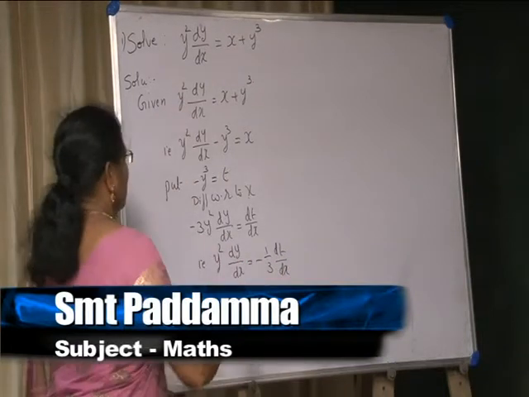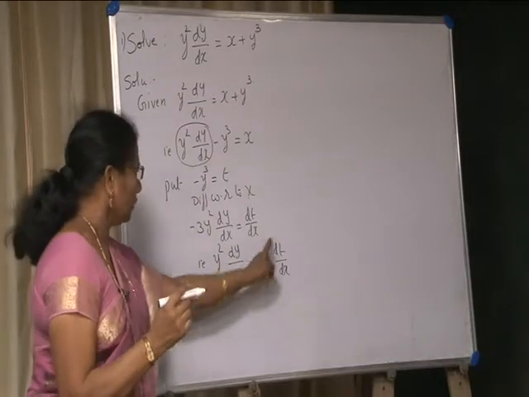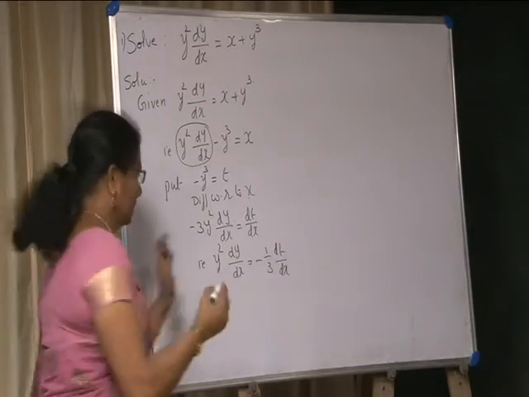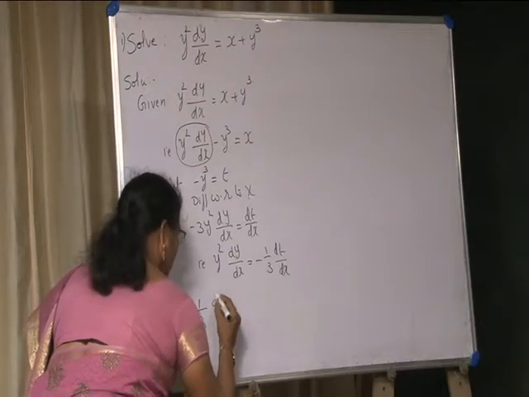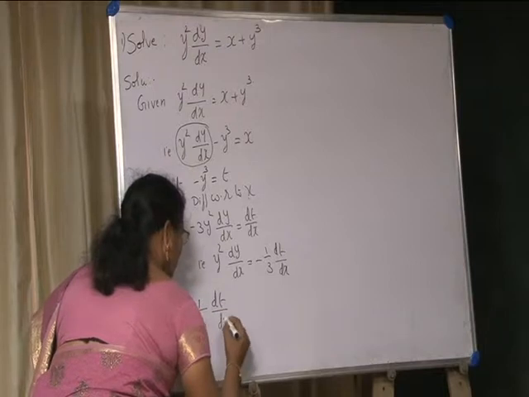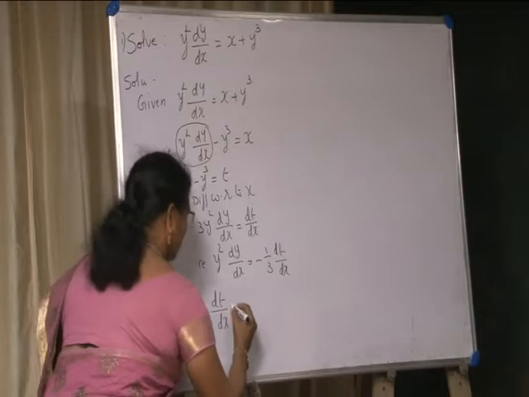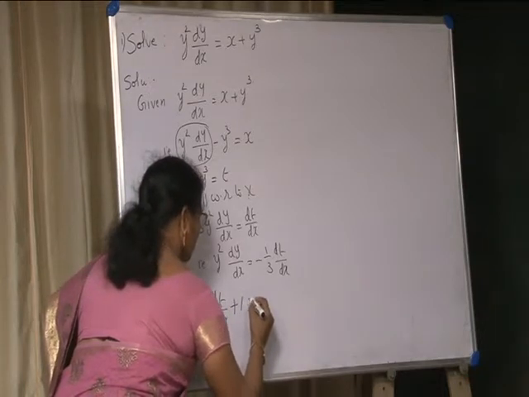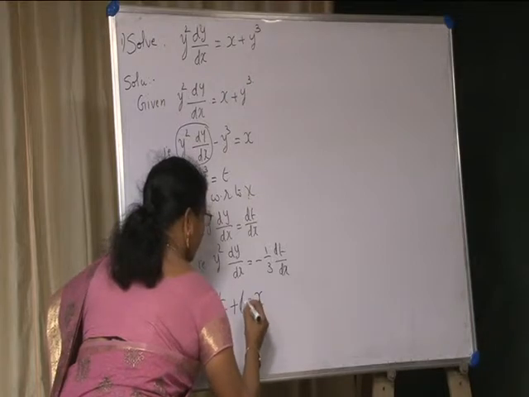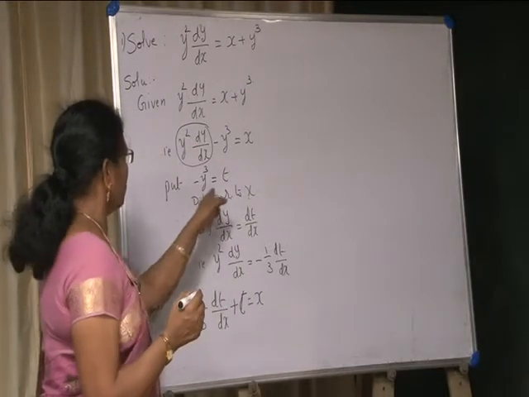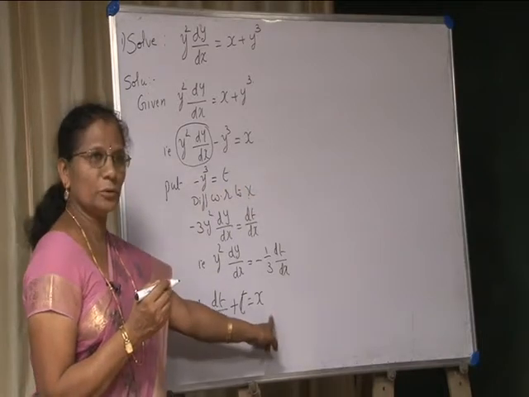So the equation becomes minus 1 by 3 dt by dx plus t is equal to x, since minus y cube is equal to t.